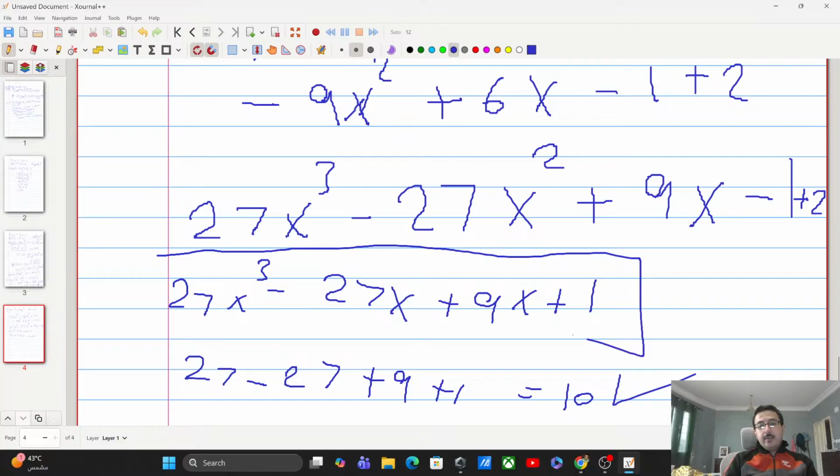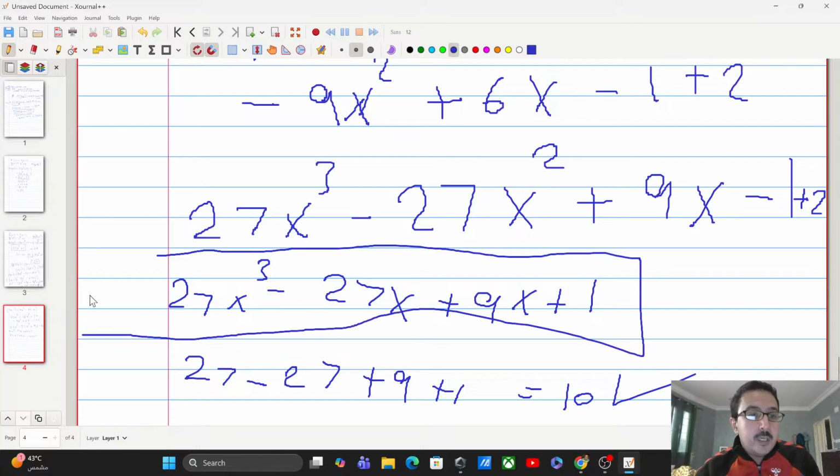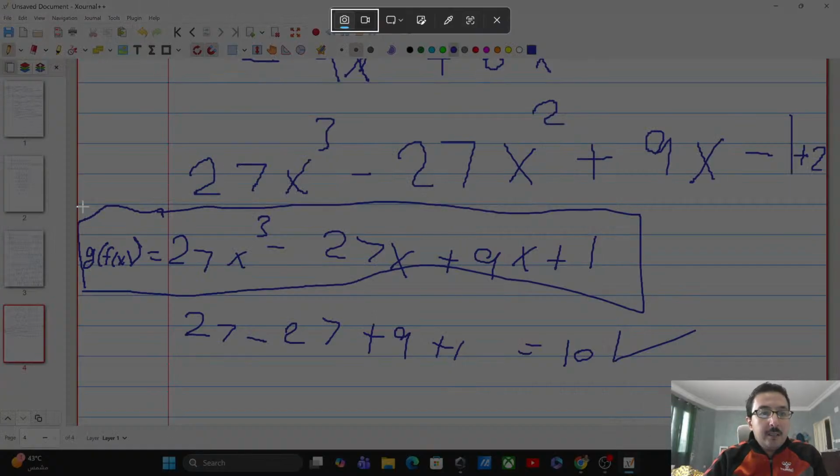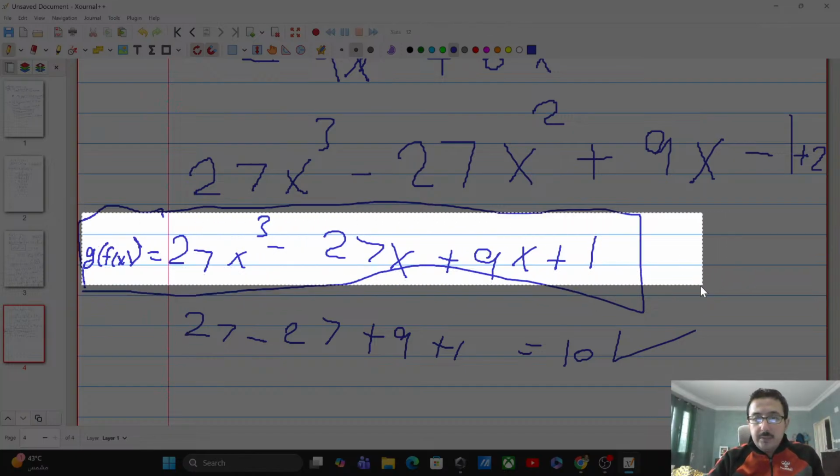We're going to take this. We're going to say g of f of x equal, I don't think we need this anymore, but this is how it is. So this is it.